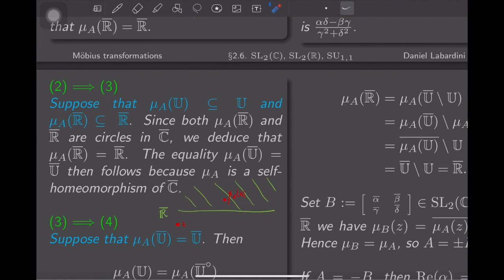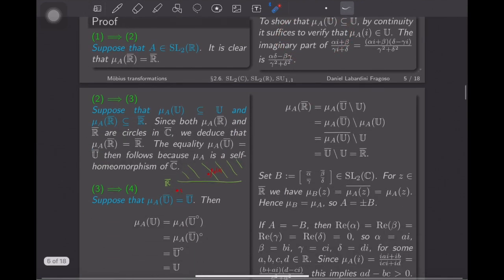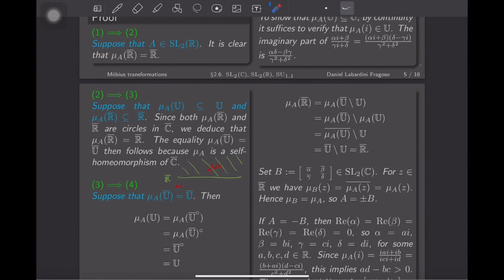Yeah, it should be the same argument. It's the same argument as the one I used before, because I know that mu A is a homeomorphism, and I already know that it sends R bar precisely to R bar.